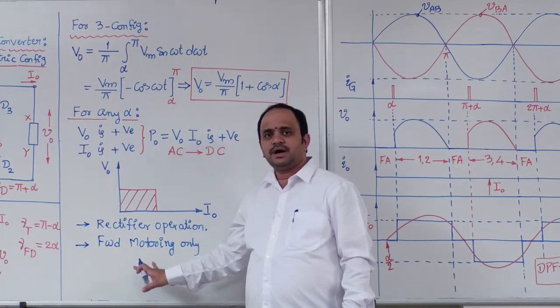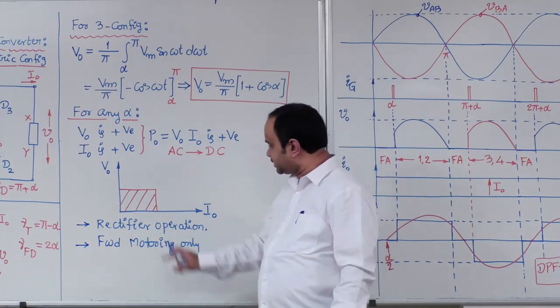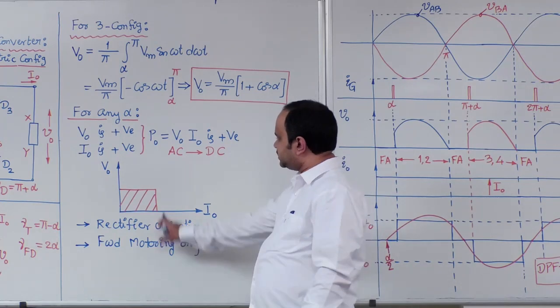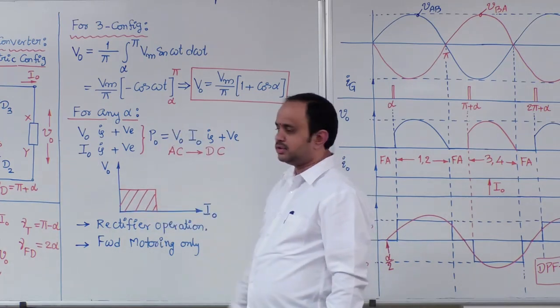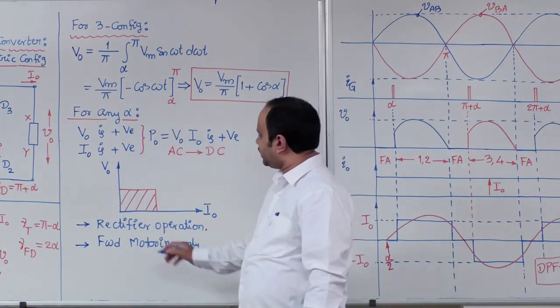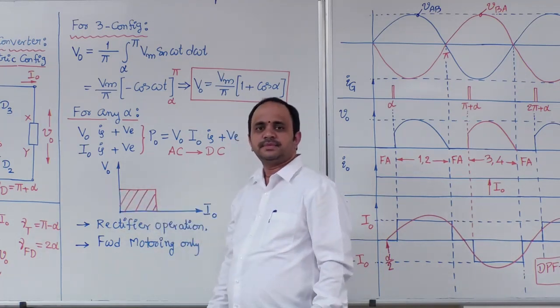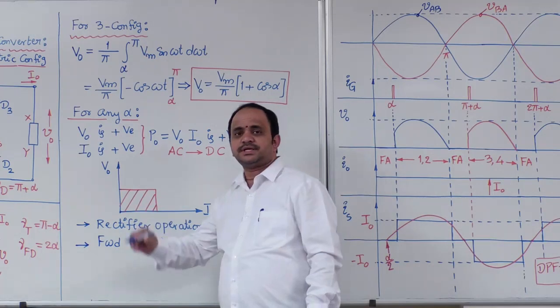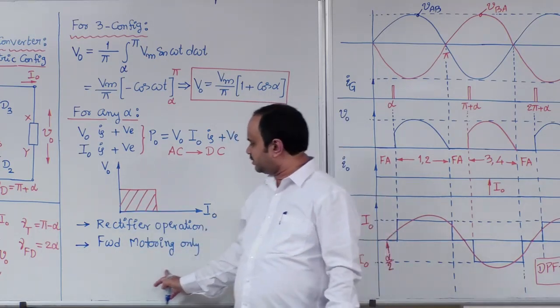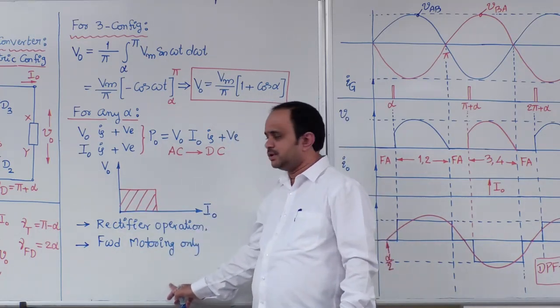That is the reason half controlled rectifiers are called half controlled: the average output voltage can be controlled from 0 to a positive magnitude only. So this circuit is preferable only for forward motoring operation.